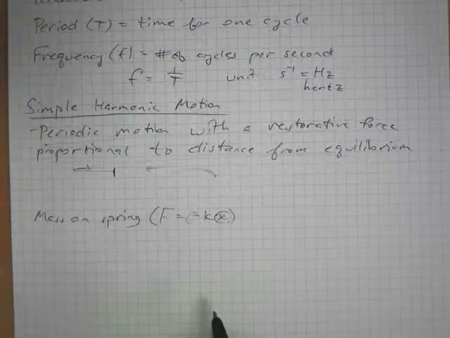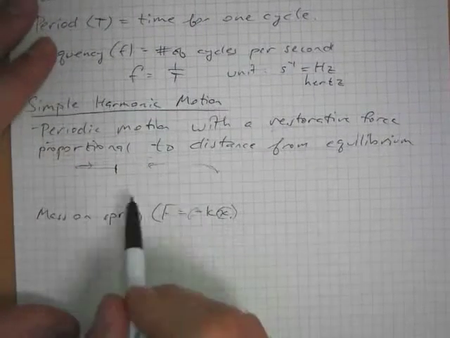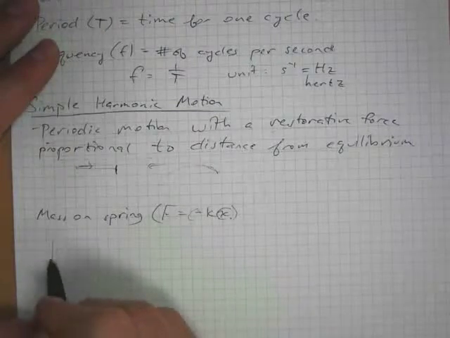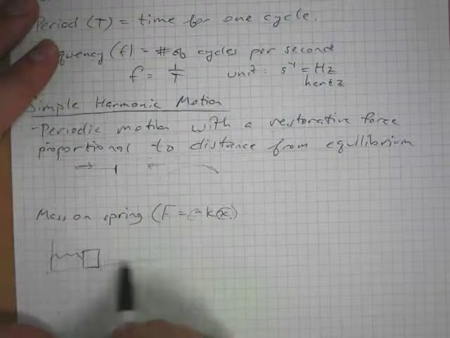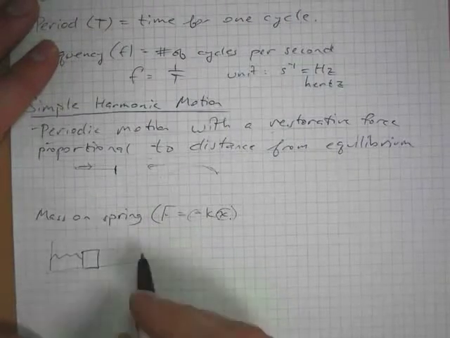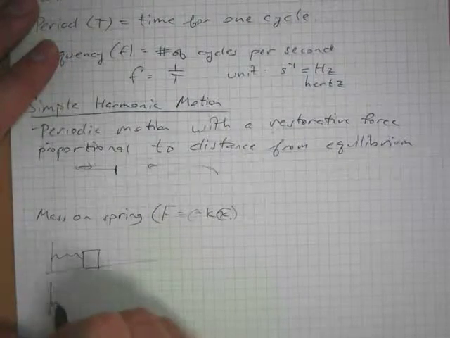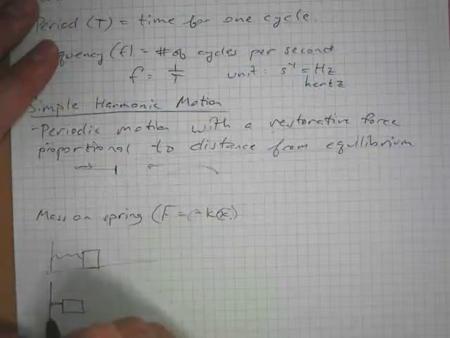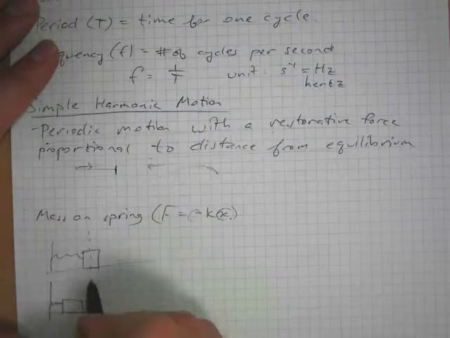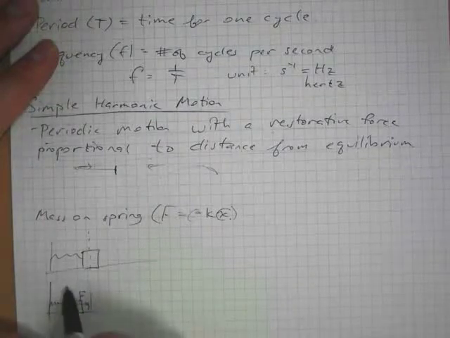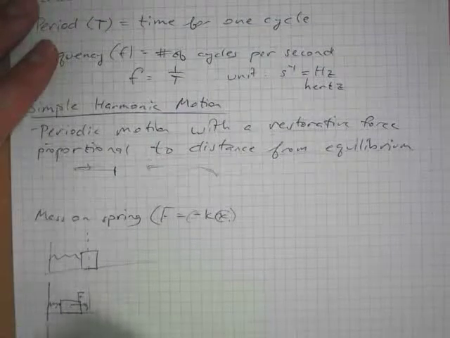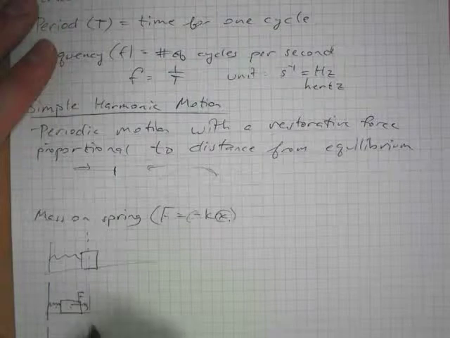And for a mass on a spring, you kind of have an idea of what happens. Say we've got a spring and mass resting on a frictionless surface. If we compress our spring, say this is equilibrium, now the force is going to be going this way. It'll be at rest initially. Then, as we get to equilibrium, force is 0, but we have a velocity still going this way.